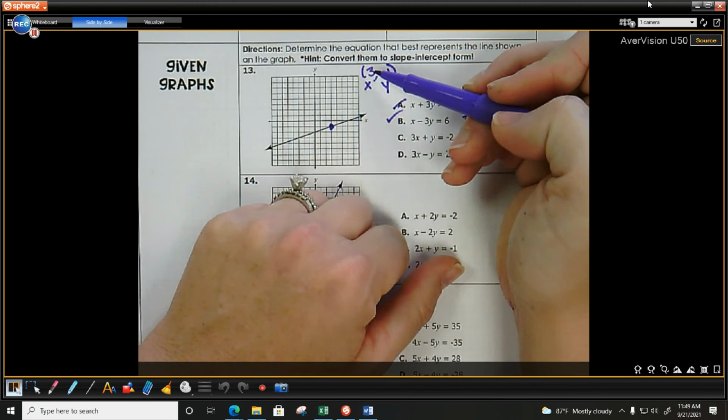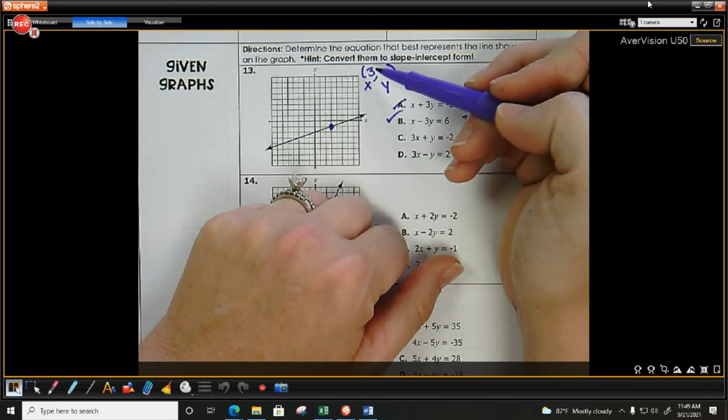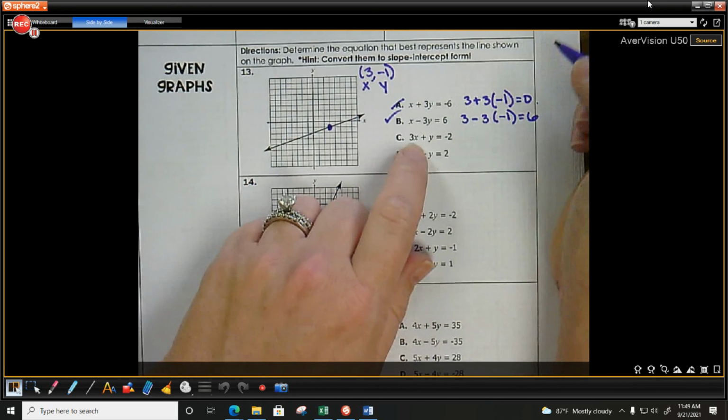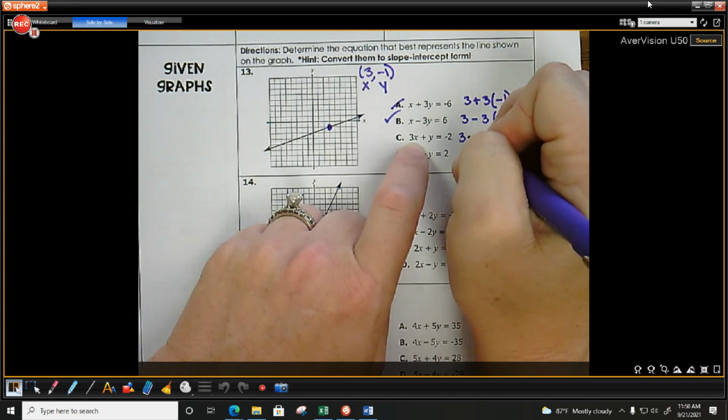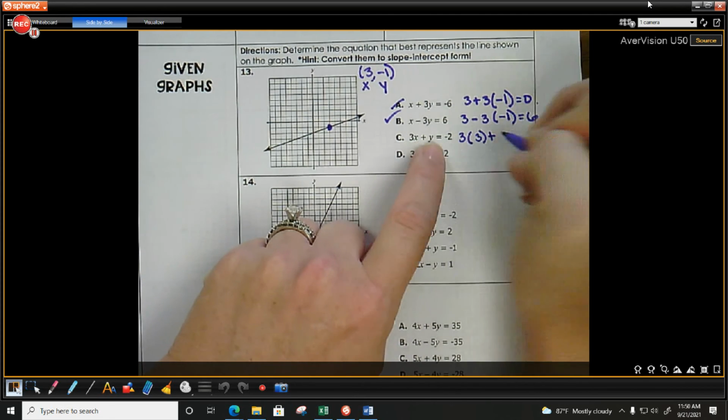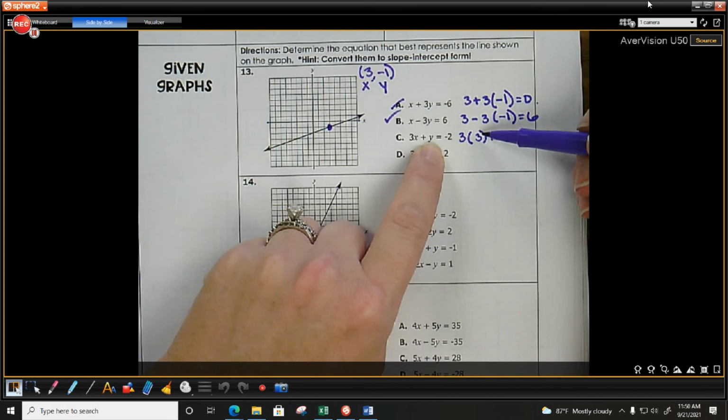So let's check and see if C's right. 3 times, what's x? 3 plus, what's y? Negative 1. What's 3 times 3? 9 plus negative 1? 8. Negative 2 and 8.